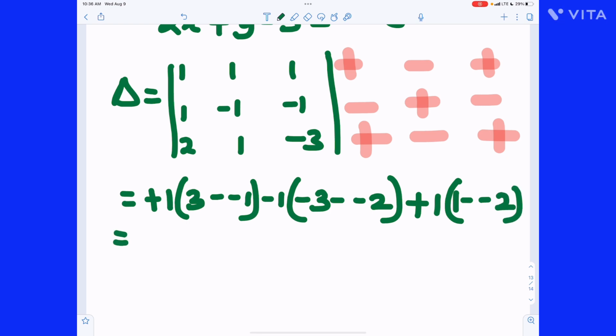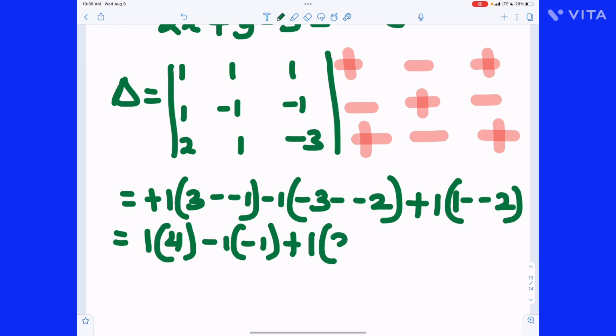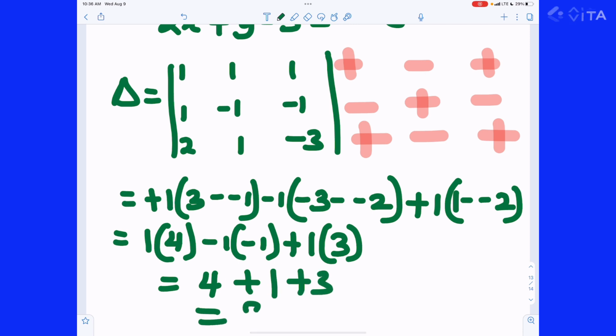That gives me 1 times 4, minus 1 times minus 3 plus 2 is minus 1, then plus 1 times 3. So my determinant is 4 plus 1 plus 3. That's 8. Delta is 8.